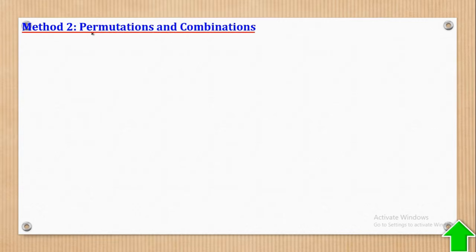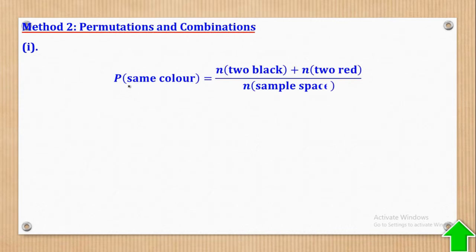So method 2, Roman 1, same color. Now here, when the order does not matter, we use combinations, and when the order matters, we use permutations. So in this case, the order does not matter, they only want same color, so we shall use combinations. Same color means you can pick 2 black or you pick 2 red.